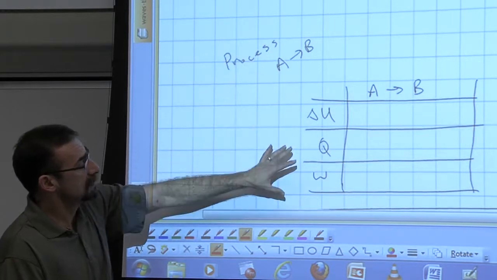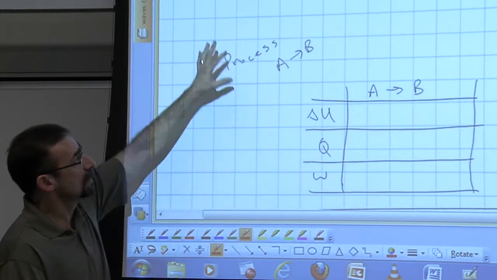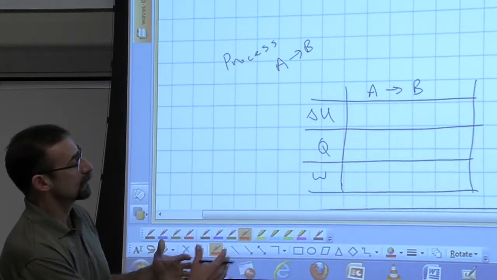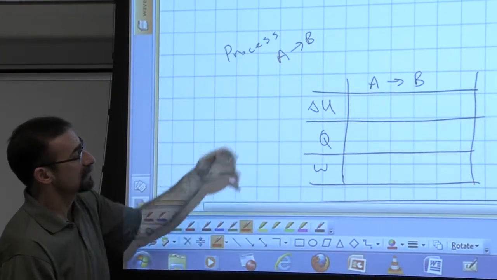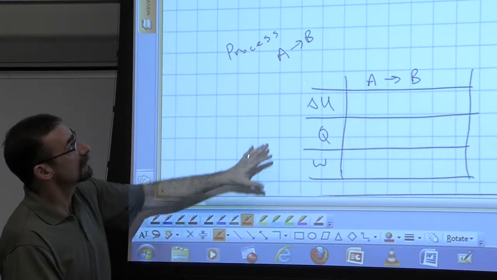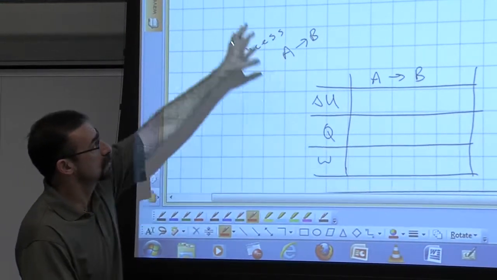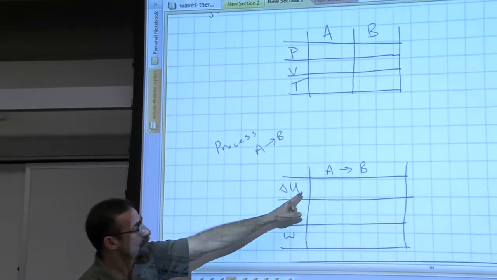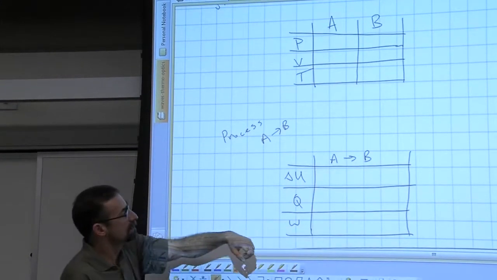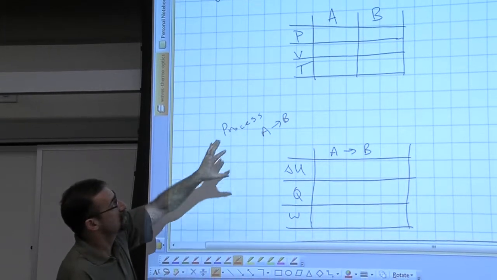So that's typically what we need to get the result out. We're looking for these things, and then maybe something more interesting after we have these. We'll talk about that later. But I like to make a chart like this, two charts, one for the states, A and B, one for the process going from A to B. And once I have these charts, I start filling them in.